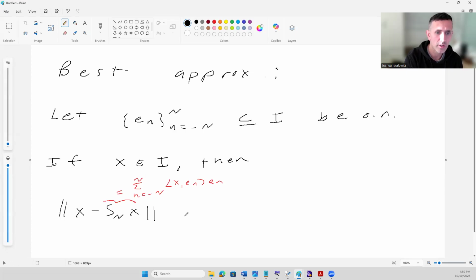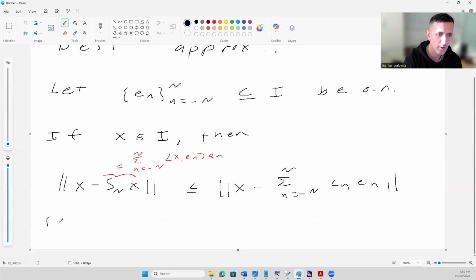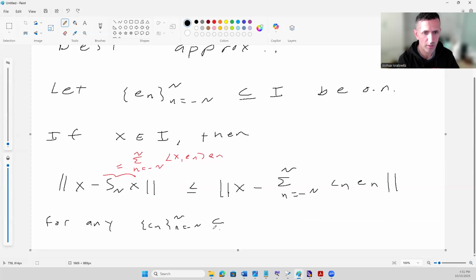So this here is less than or equal to the following: the norm of x minus the sum here, for any complex numbers c_n whatsoever.